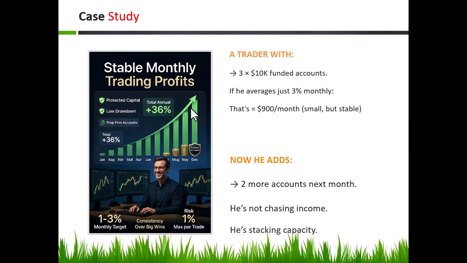Without chasing income, your job is to apply your skill, is to do what you're supposed to do, is to be very, very disciplined by following these rules that I'm explaining in this phase. This is how professional traders grow.